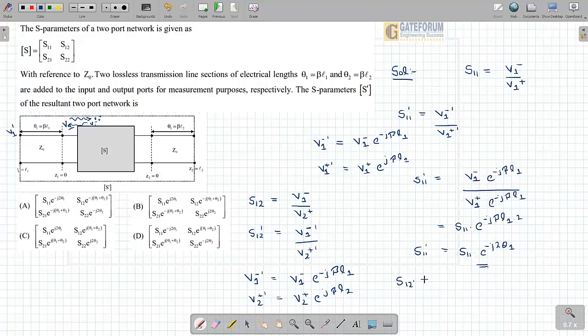S12 dash is V1 minus e to the power minus j beta L1 upon V2 plus e to the power j beta L2. Taking the ratio of this, you will get S12 e to the power minus j beta 1 plus beta 2.